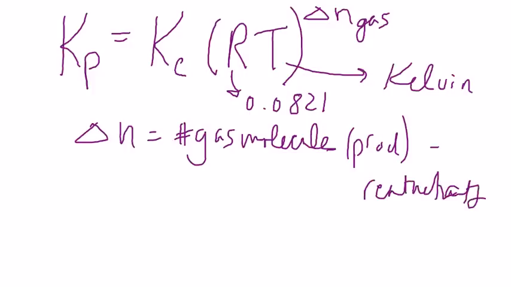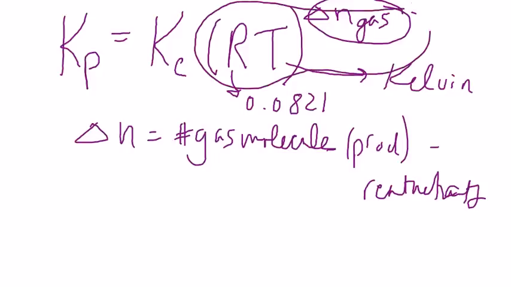And if your reaction has the same number of gas molecules as products and as reactants, your delta n is 0, and of course anything raised to the 0 power is 1, so this whole term would go to 1, and Kp would equal Kc in that case.